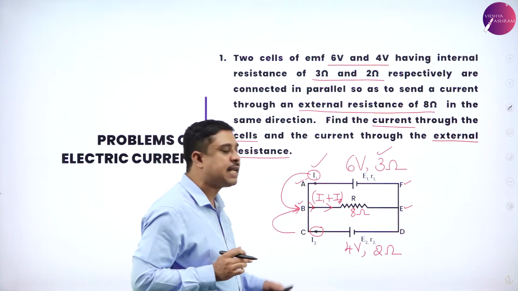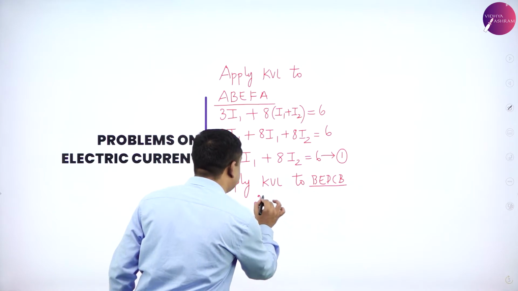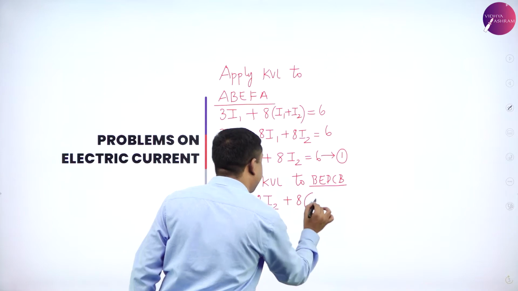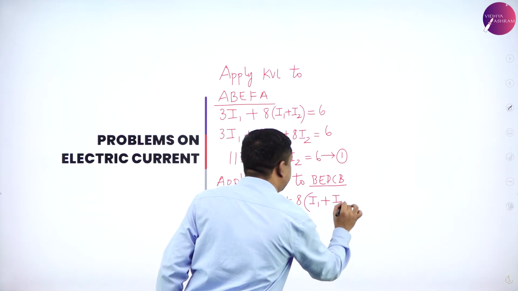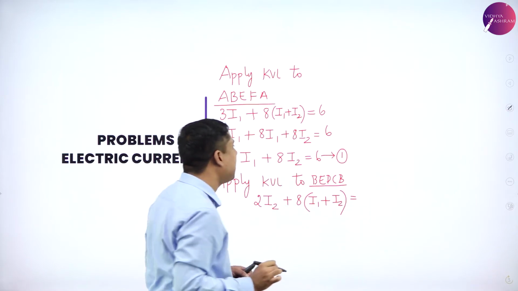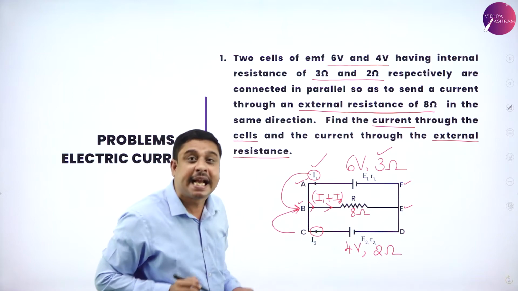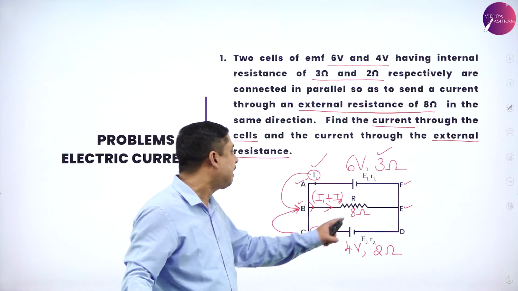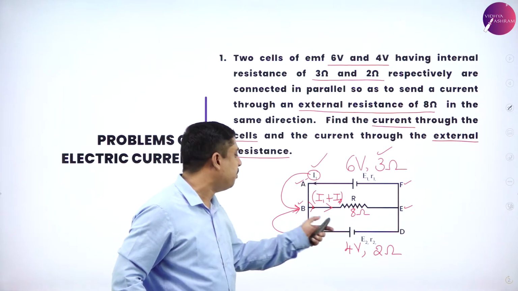Product of current and resistance is positive. So it is 2 times I2. Again plus 8 times I1 plus I2. Let us check for the EMF. Again, the second cell is also sending current from negative to positive terminal.